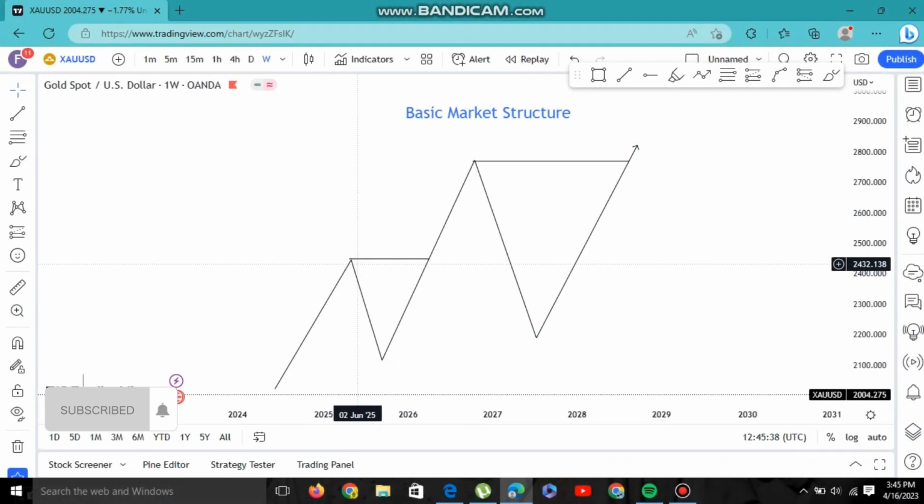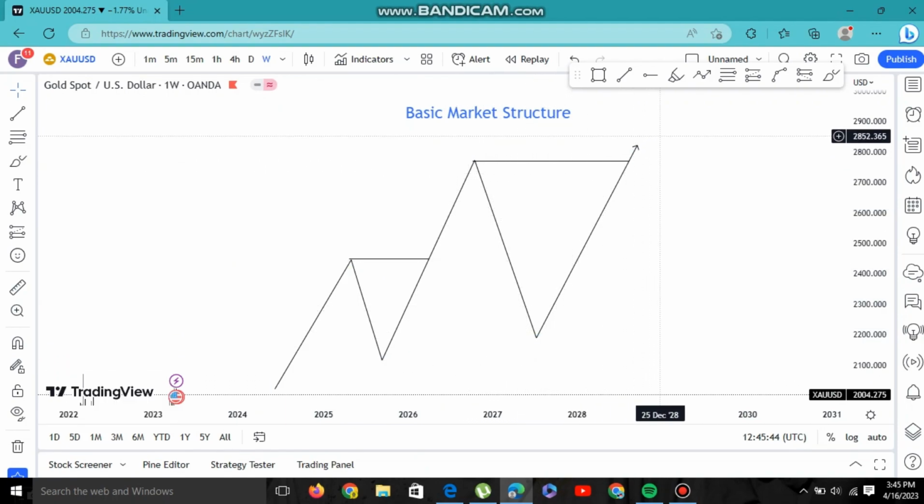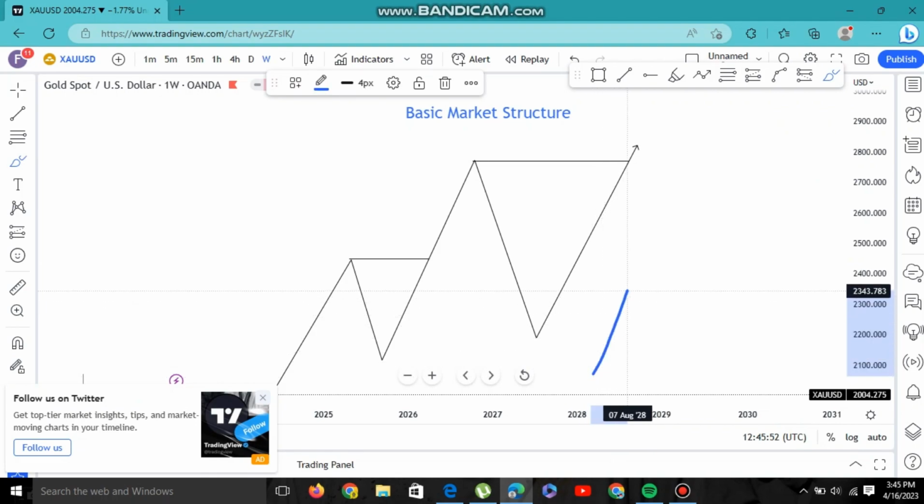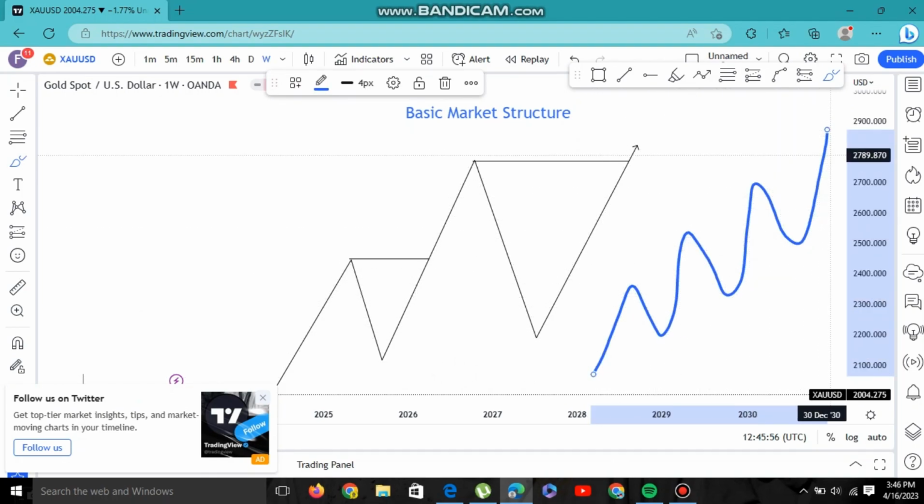So in the basic market structure, as you can see, you need to first understand where is the market heading. Where is the market heading? And in understanding where is the market heading, let's take this example here. If you see the market doing something like this, what does this show to you? Is that the market is heading to the upside, or we can call it an uptrend.